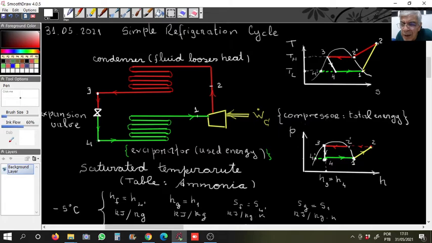The temperature here I know is 40 degrees. Now, what's important, and this line, you see the red line here? This is isobaric. All the states here remain at the same pressure. The same pressure, so I can derive.